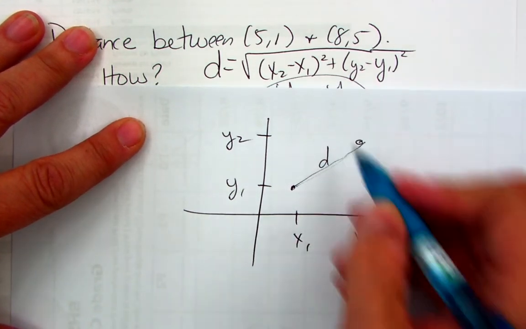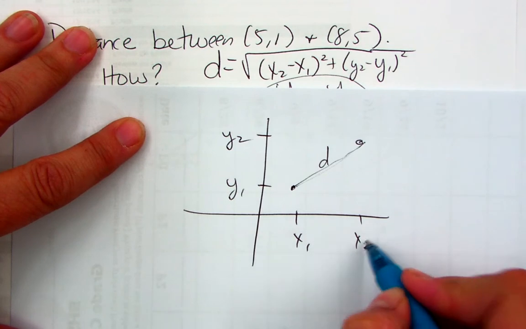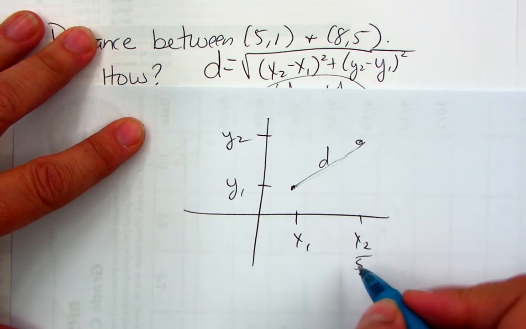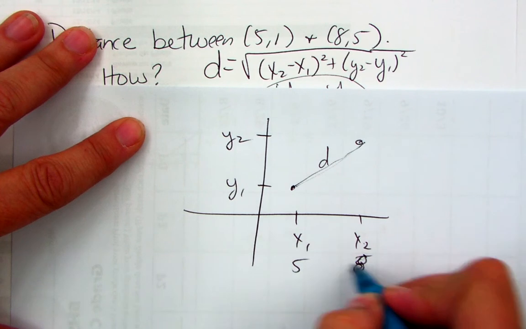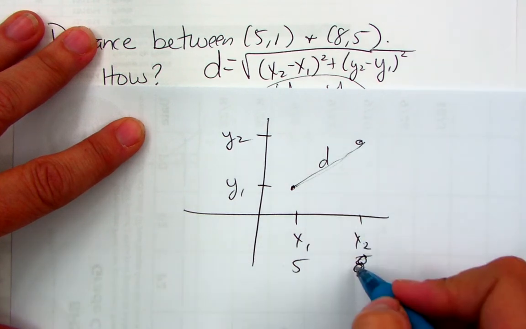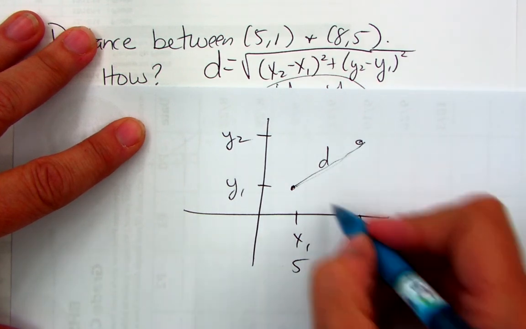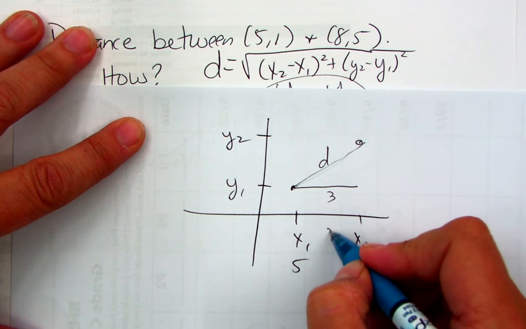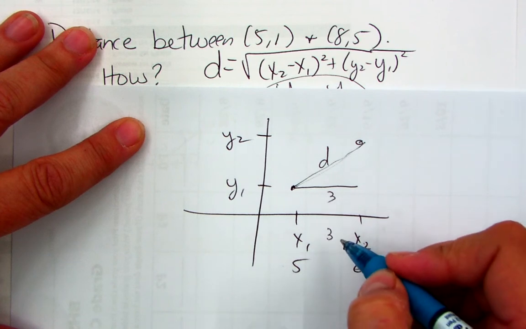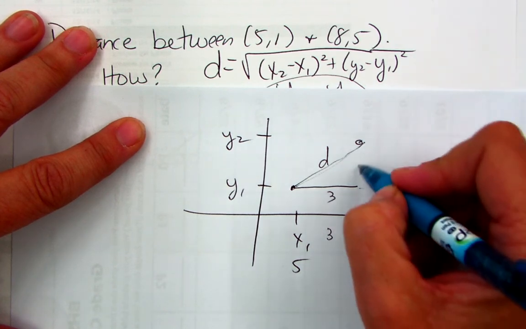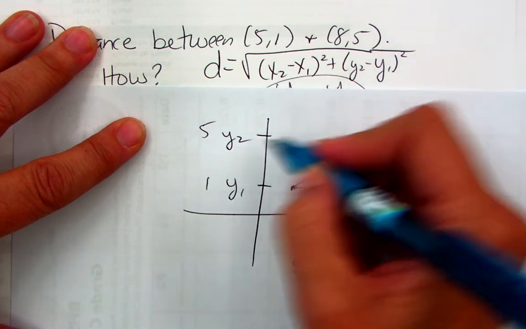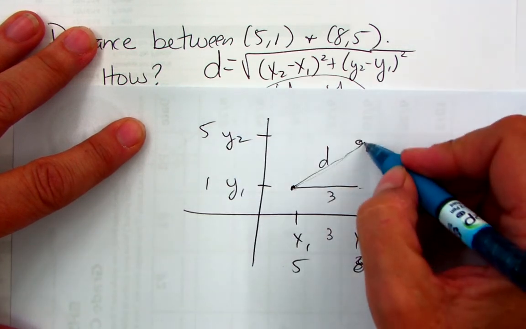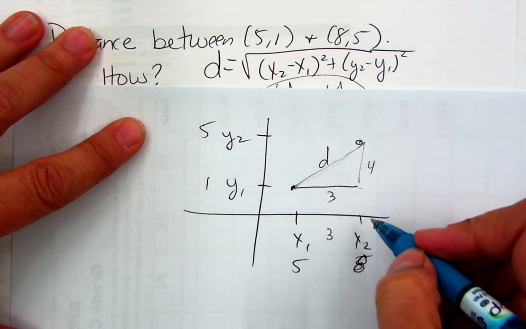And so the distance between, take x2 and x1, an 8 and a 5. I'm supposed to subtract 8 minus 5. Oh, in other words, it's really just a 3? Oh, okay. And then this was a 1 and a 5, and I'm supposed to subtract, that's a 4. Well, that's a length of 4.